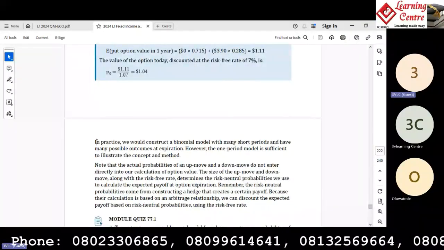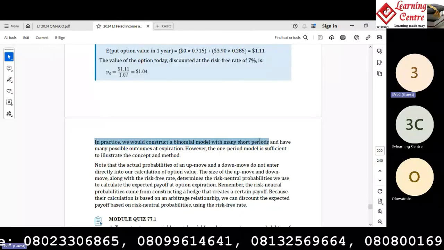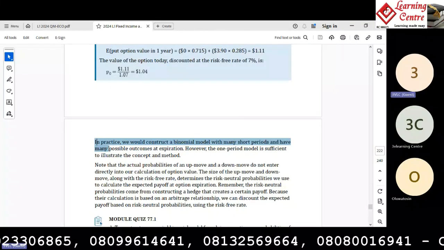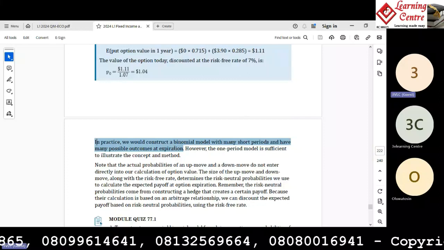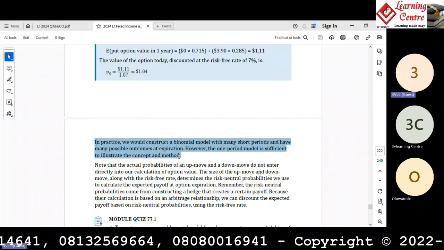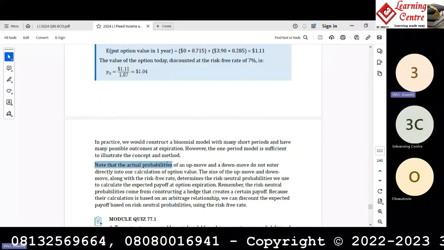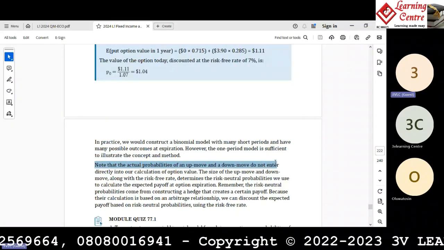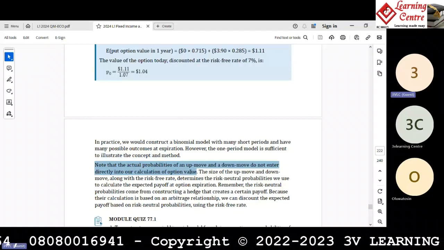So in practice, we would construct a binomial model with many short periods and have many possible outcomes at expiration. However, the one period model is sufficient to illustrate the concept and method. Note that actual probabilities of an up move or the down move do not enter directly in our calculation of option value.